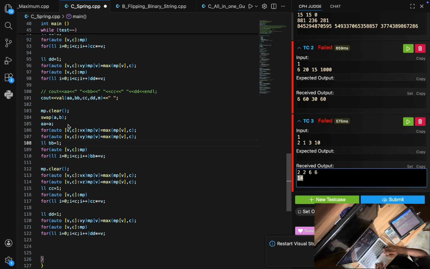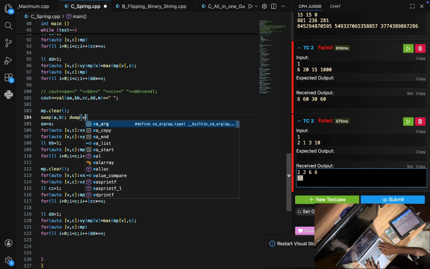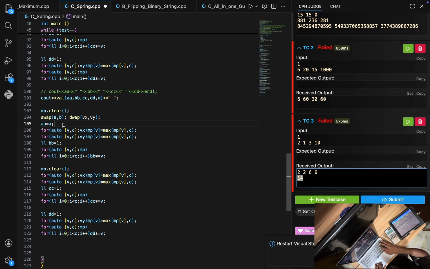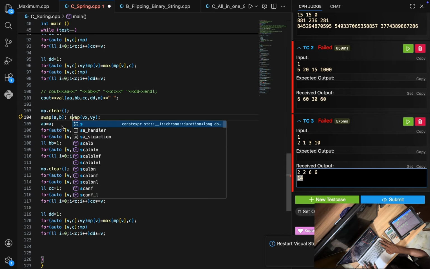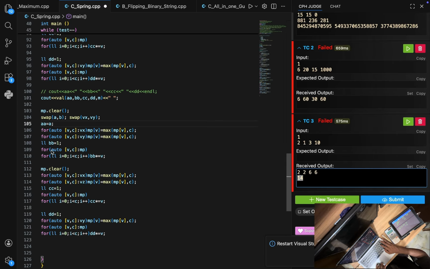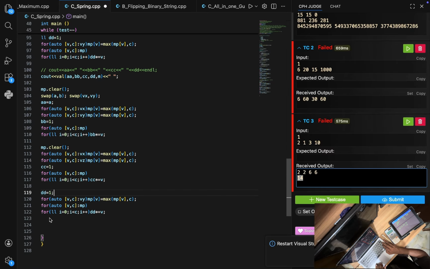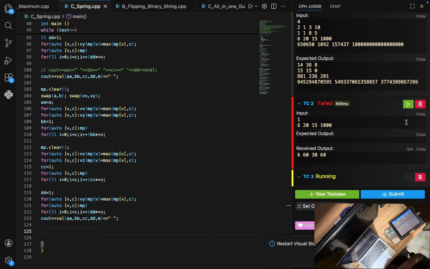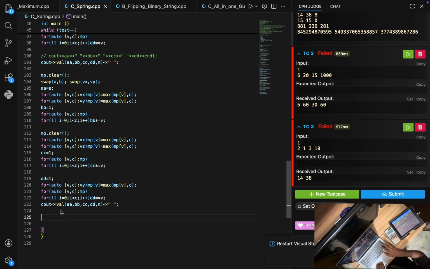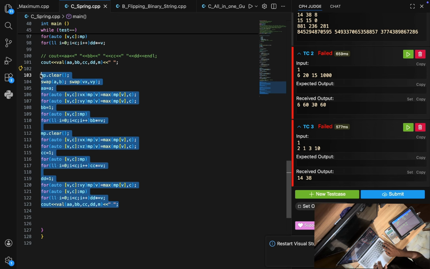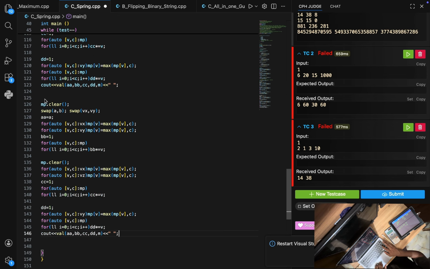A comma B, Vx comma Vy. Swap A comma C, swap Vx comma Vz.